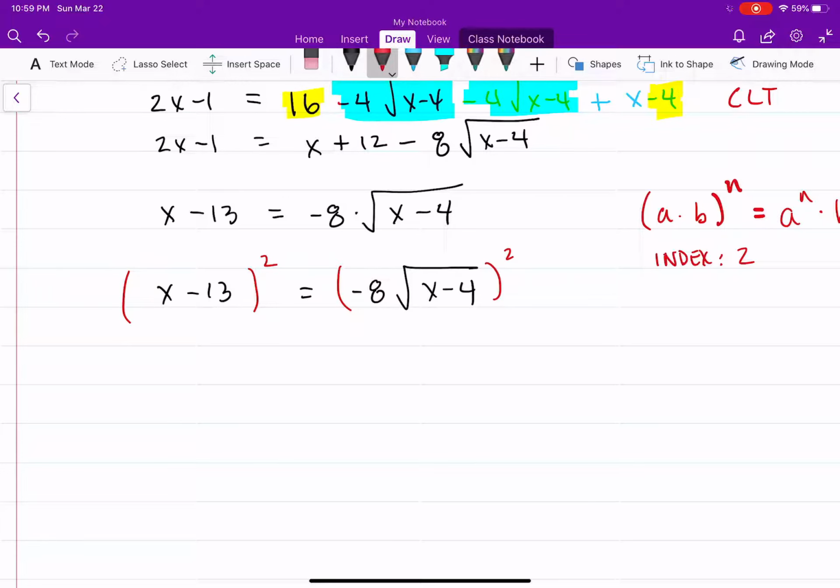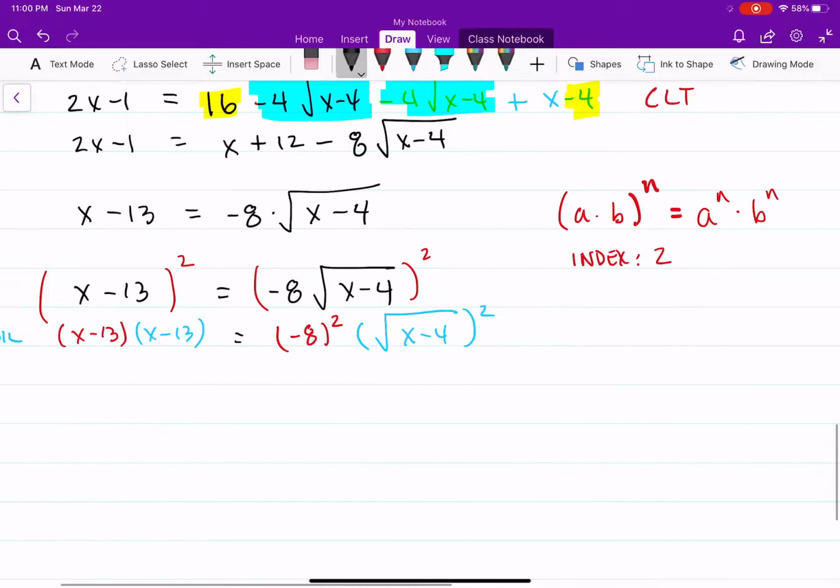Don't we have an x minus 13 times an x minus 13? So I have to FOIL here, right? And the right side is going to be a negative 8 squared times the square root of x minus 4 squared. That's what I actually have. So on the right side I don't have to FOIL because I have this rule right here. I want you guys to understand that.